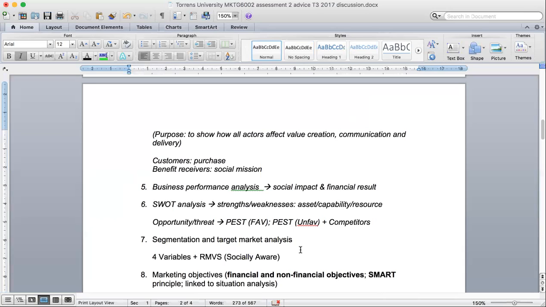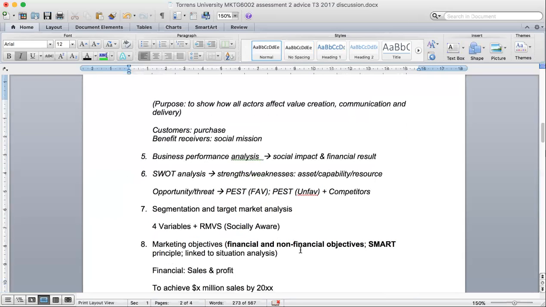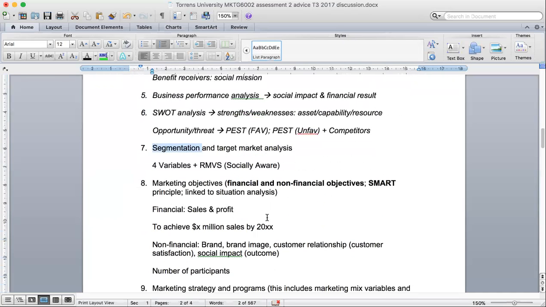So you may not be able to put everything in there from assessment one, so a bit of summarizing basically, and without losing the essence of your analysis, okay? And you expand your analysis with these guys here: segmentation, objectives, and strategies, and conclusion and reflection. Okay.